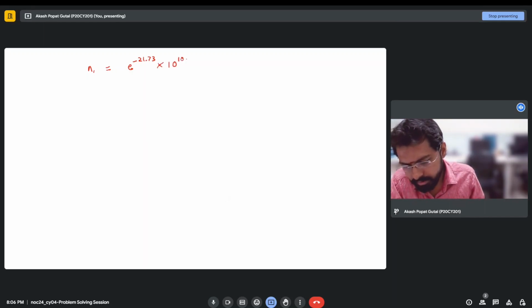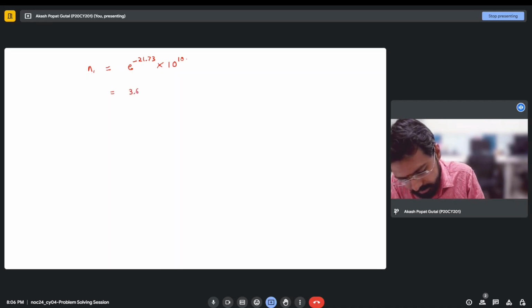Should we calculate this? It turned out to be 3.6541 into 10 raised to minus 10 into 10 raised to 10.